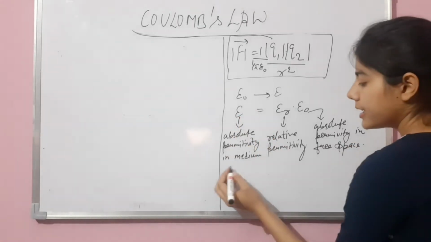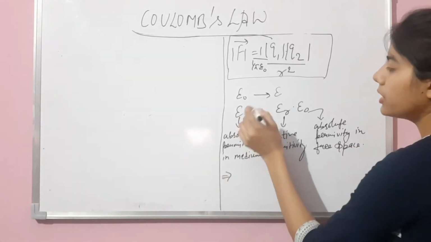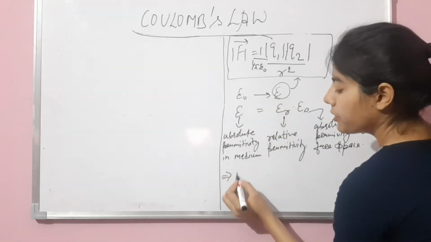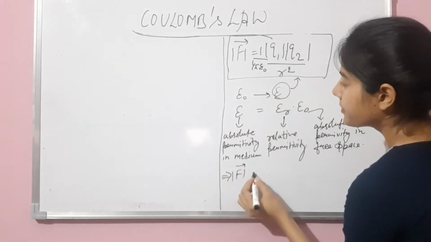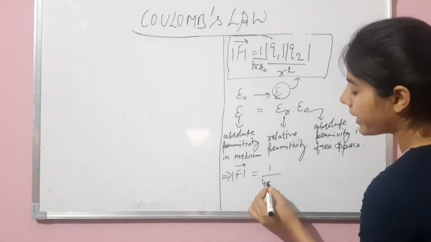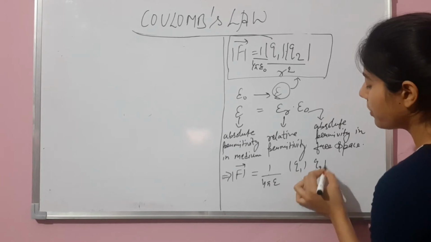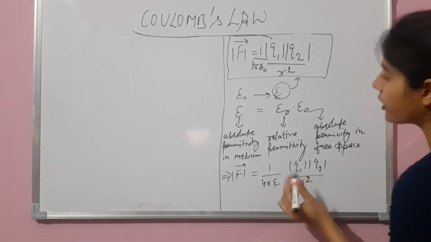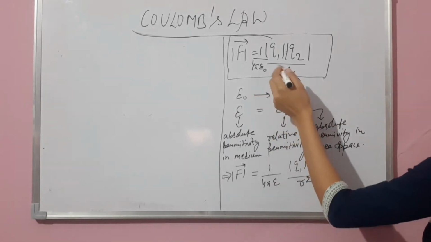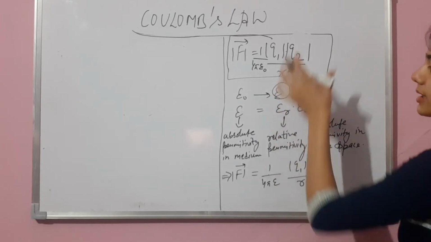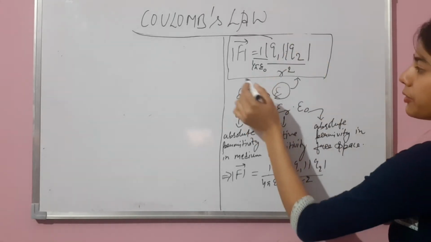Now we can easily put this value in this equation. Then we will get F is equal to 1 upon 4 pi epsilon, magnitude Q1 magnitude Q2 by R square, or in vector form, the magnitude of R vector square. So now we have these expressions.